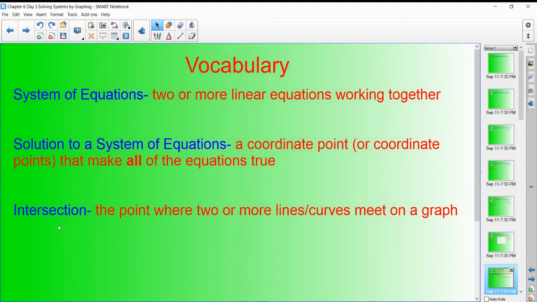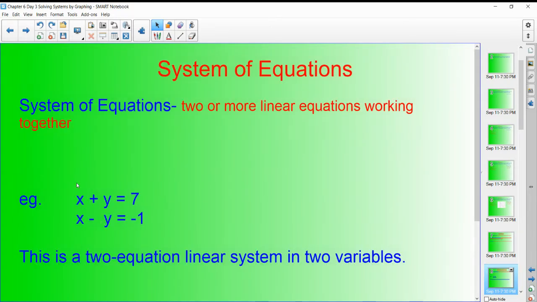And one way we can do this is by graphing and finding the intersection, where the 2 lines meet on the graph. So let's take a look at an example together. Here's a 2-equation, 2-variable linear system. 2 equations, 2 variables, x and y. It's linear.